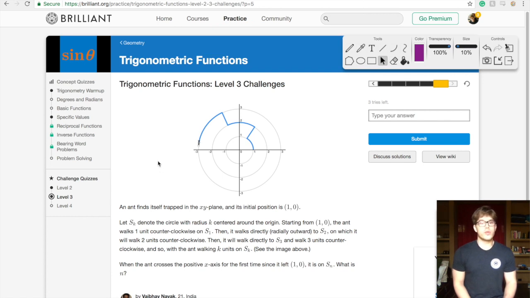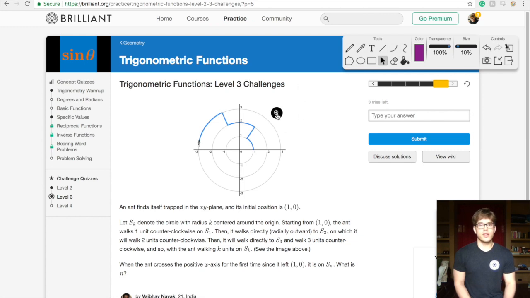Then it walks directly, radially outward to S sub 2, on which it will walk 2 units counterclockwise. This pattern continues with the ant walking k units on S sub k. When the ant crosses the positive x-axis for the first time since it left 1, 0, it is on S sub n. What is n?